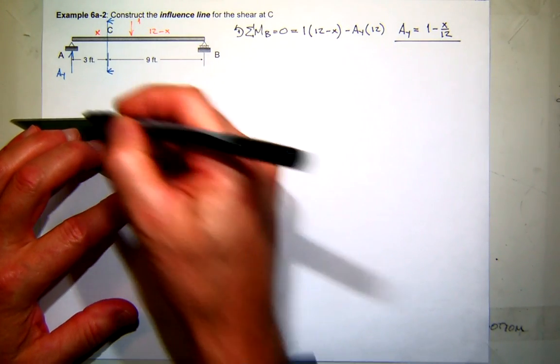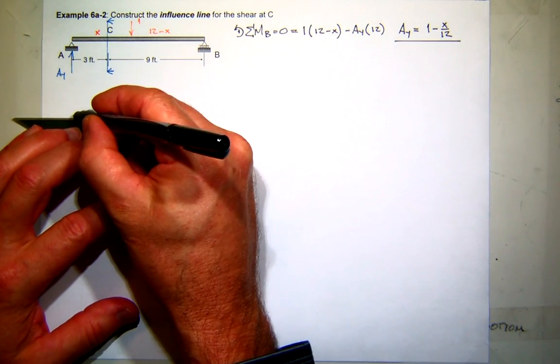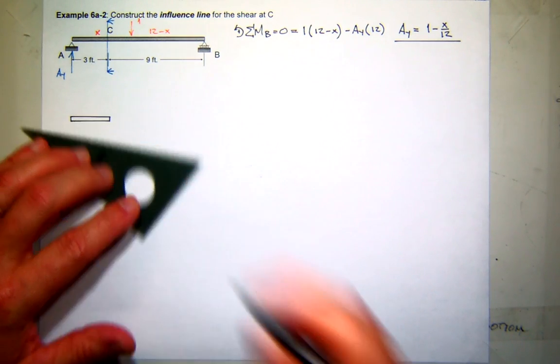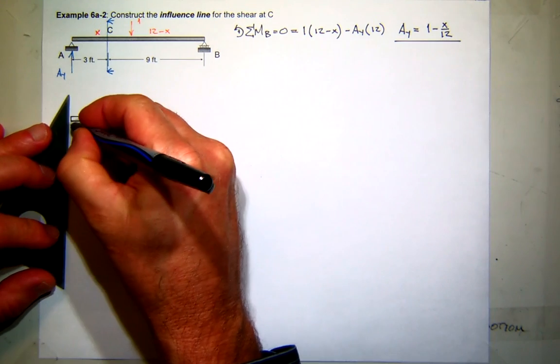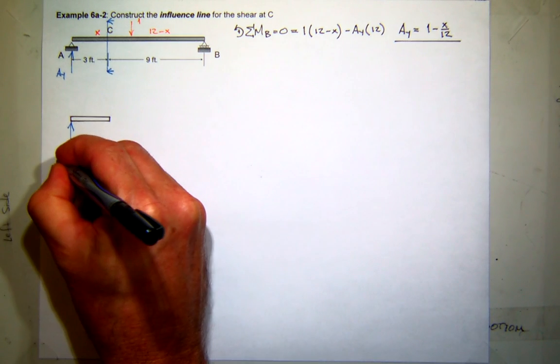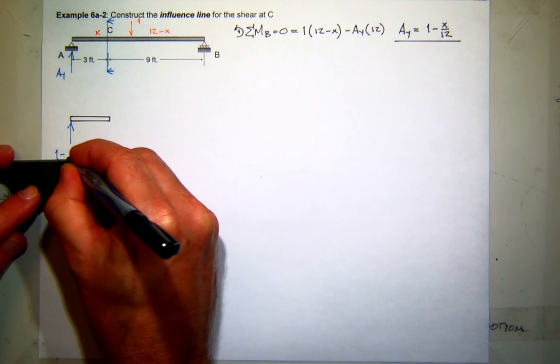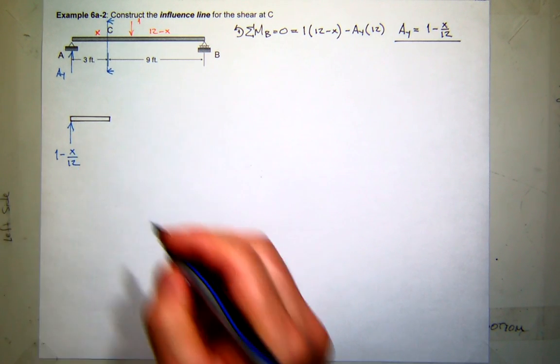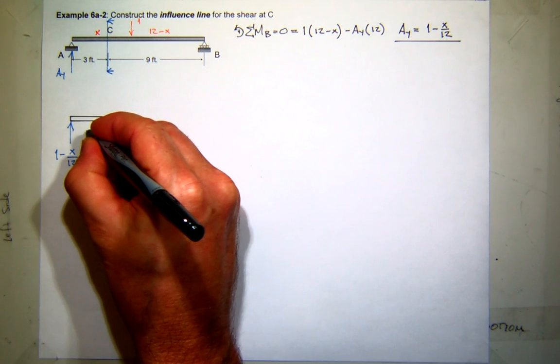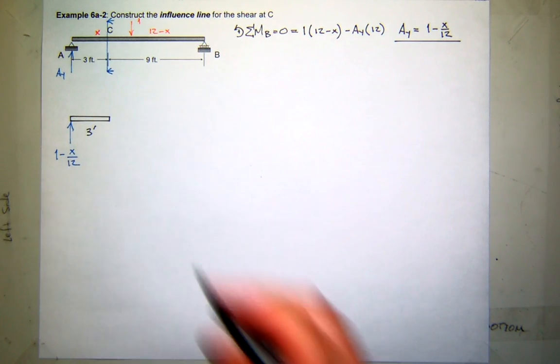So now I can actually make my cut. I'm going to cut my structure. There it is. And I know what AY is. It's 1 minus x over 12 for any position of the unit load x. This is a distance of 3 feet.